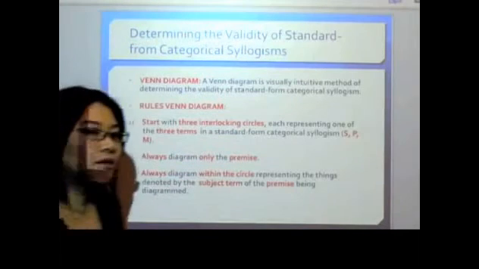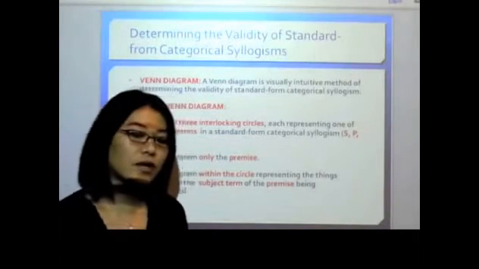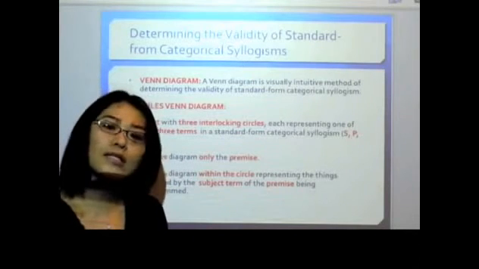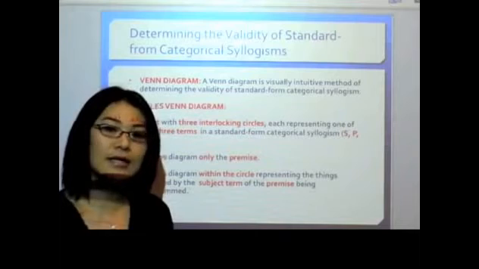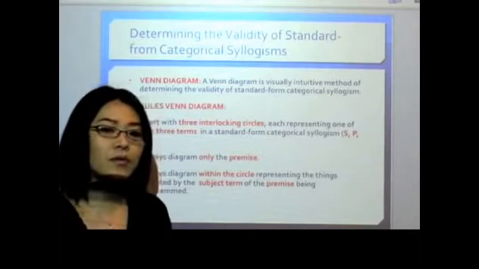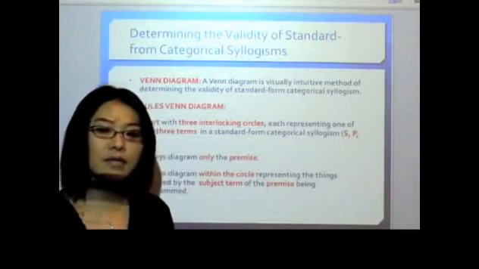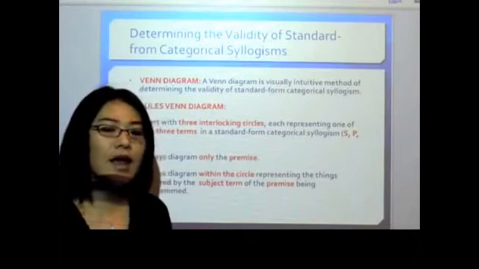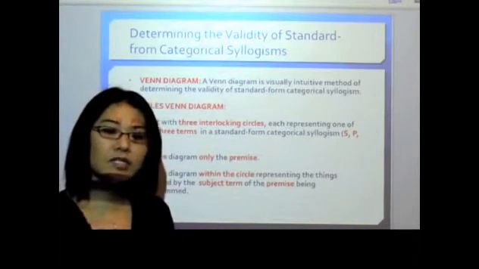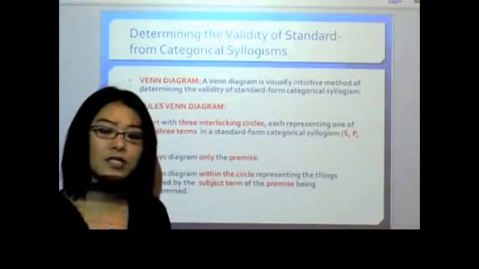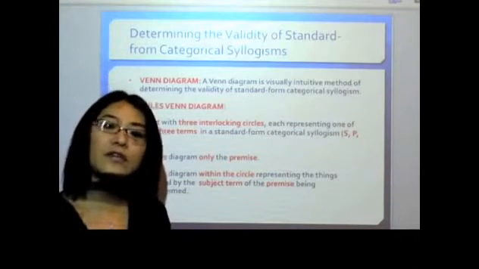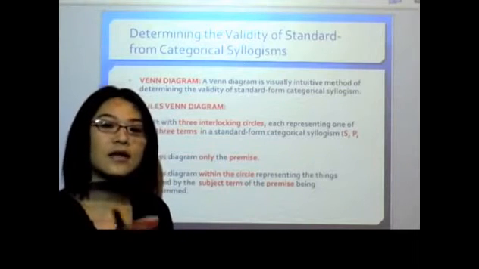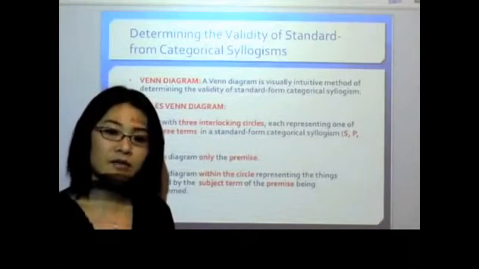Now, when we're talking about the validity of the standard form categorical syllogism, remember what we're talking about is the quality of the reasoning that's in that deductive argument. Remember, the reasoning of deductive arguments can be differentiated into valid or invalid, okay? And valid deductive arguments are those in which the reasoning fulfills the author's intent that if the premises were true, then the conclusion cannot be false.